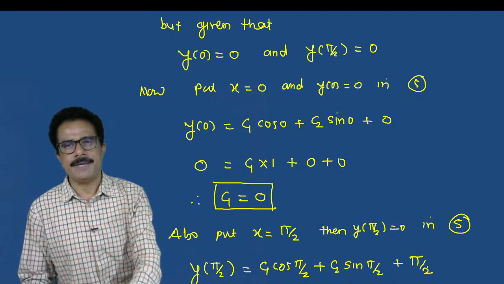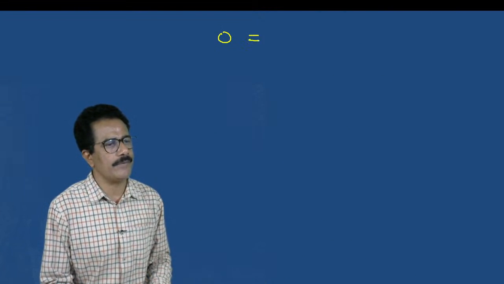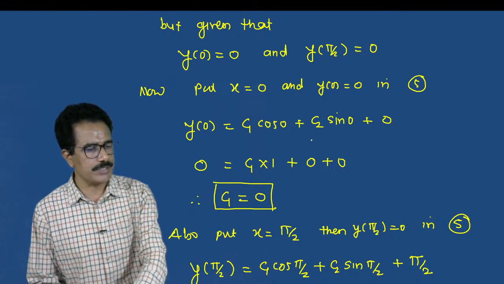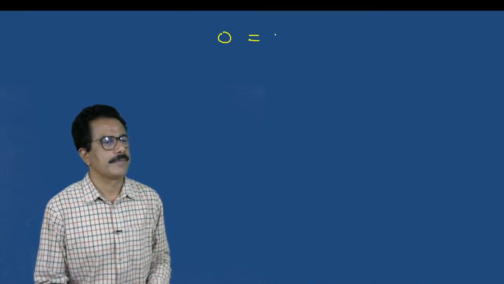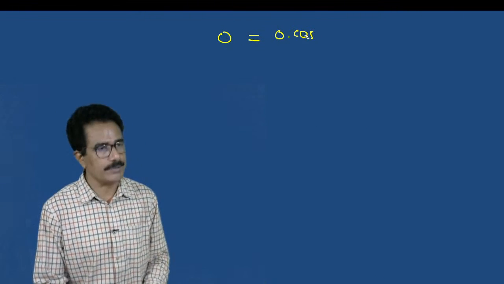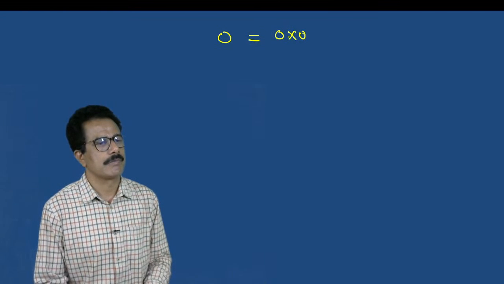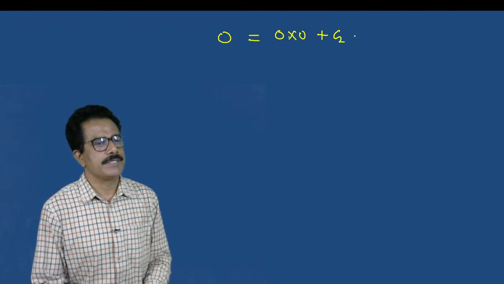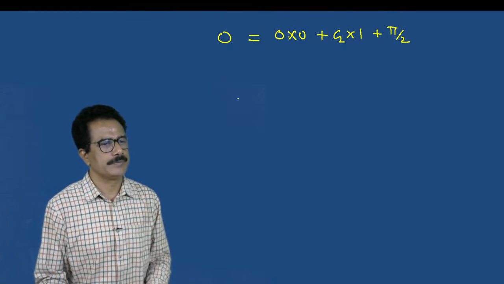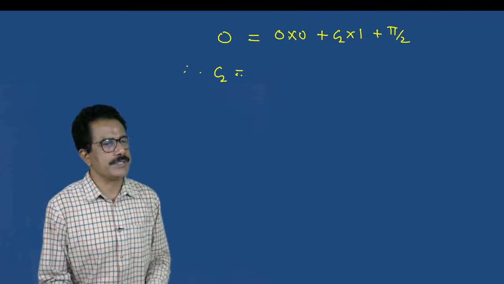Tell me, what are sin pi by 2 and cos pi by 2? y of pi by 2 means 0, which is equals to c1, which is 0, into cos pi by 2, which is 0, plus c2 into sin pi by 2, which is 1, plus pi by 2. So we can write c2 is equals to minus pi by 2.